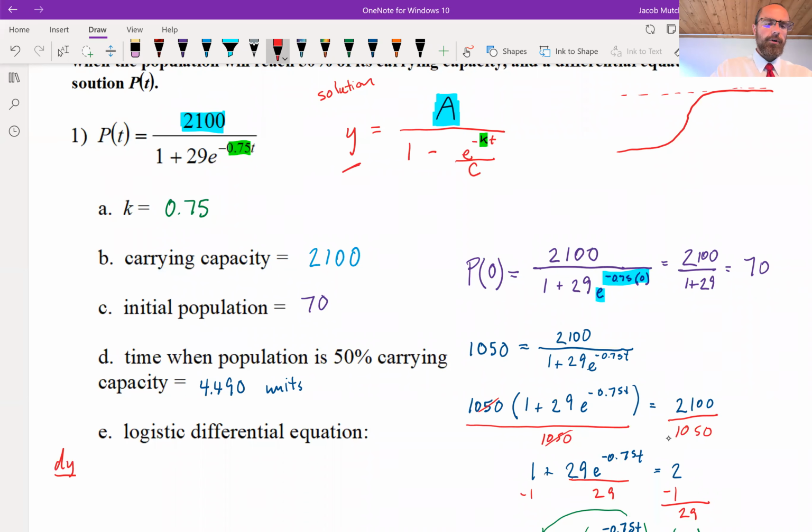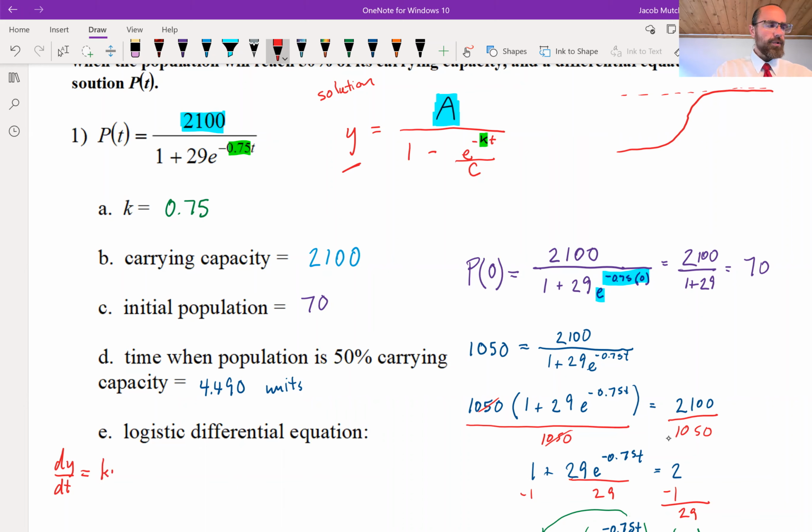dy dt. So you know it's a differential equation because it's got the derivatives on the y and the t. And again, this is given a lot of times before you would be given the actual logistic function. So it's a template that's pre-established.